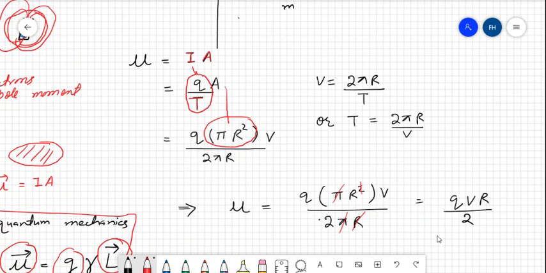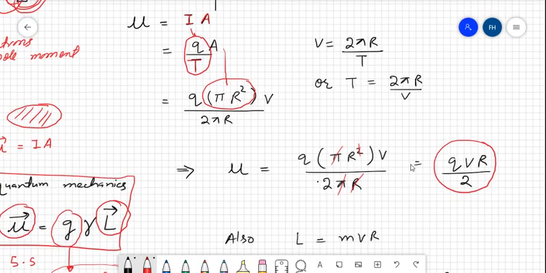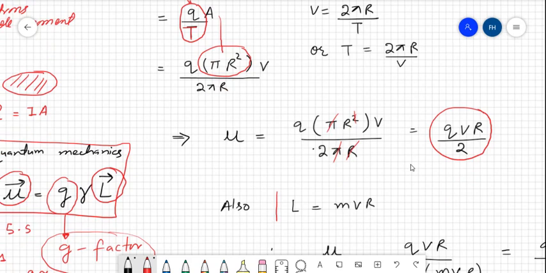So this is simply the orbital magnetic moment for an electron which is undergoing orbital circular motion. And for the same system, if we want to find the angular momentum, that we already know is given simply by L equals mvr.